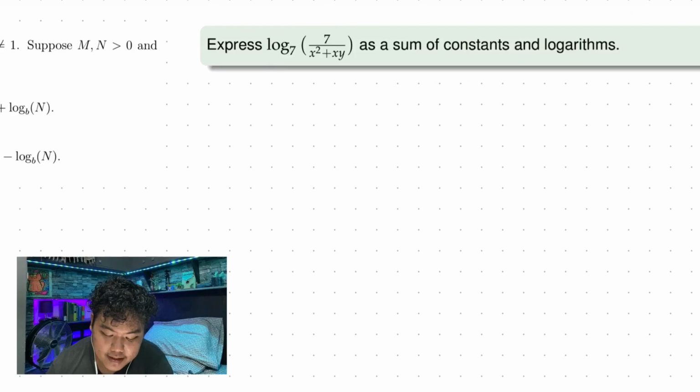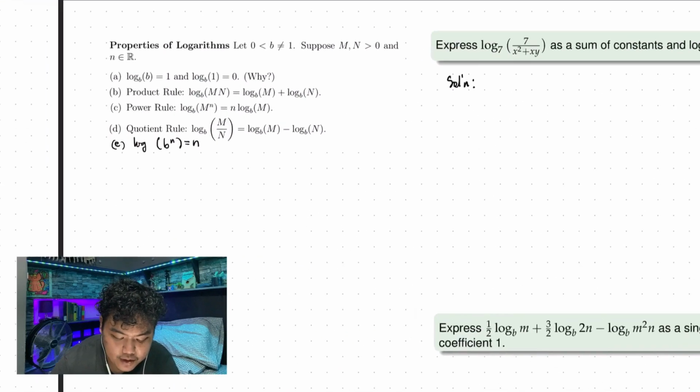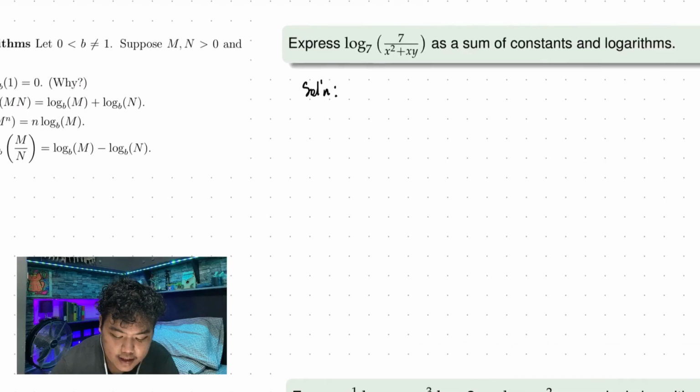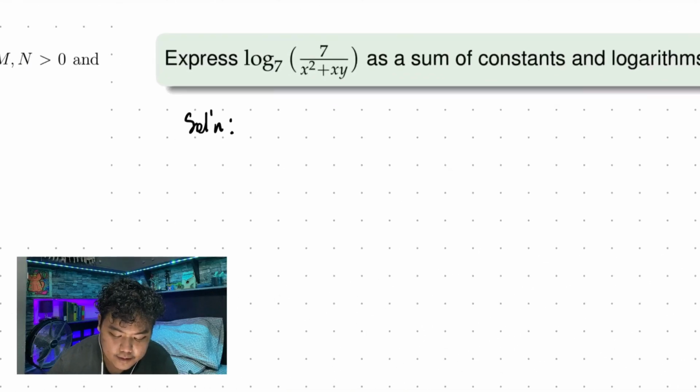So, express this one as a sum of constants and logarithms. So, parang pinakauna mong papansin, log ng numerator minus log ng denominator. So, kinopya ko lang ulit yung property dito just in case kailanganin natin. Tago nga natin to sa pangalang star.